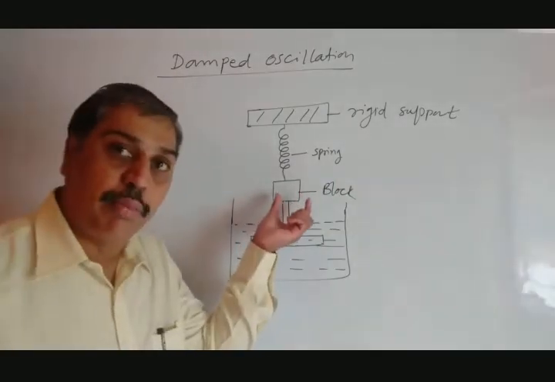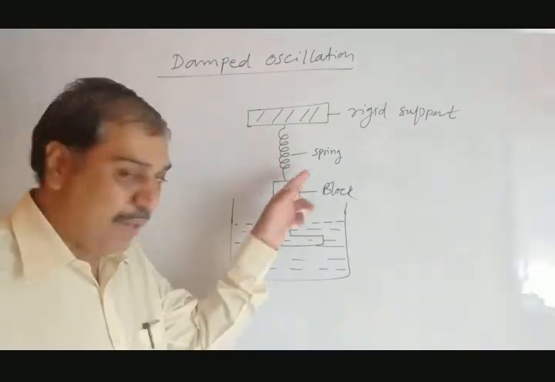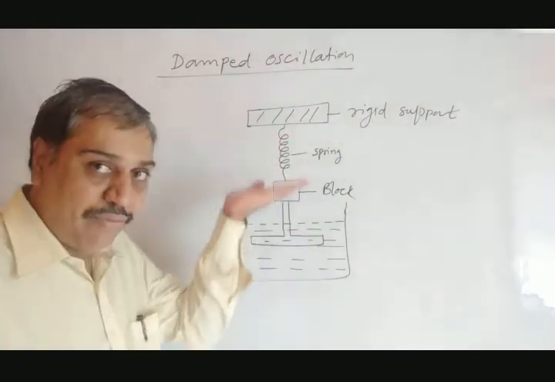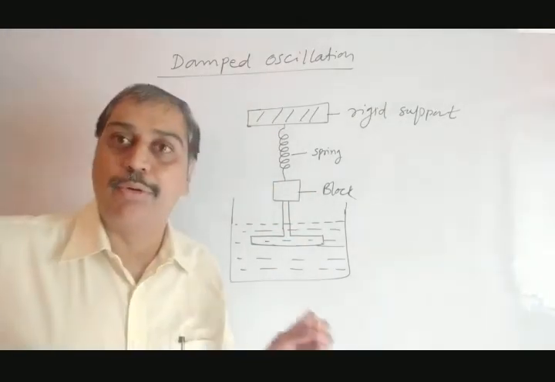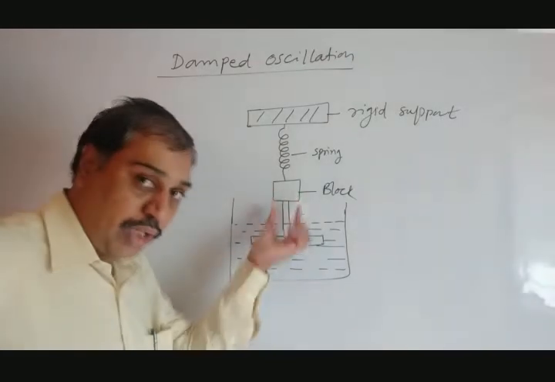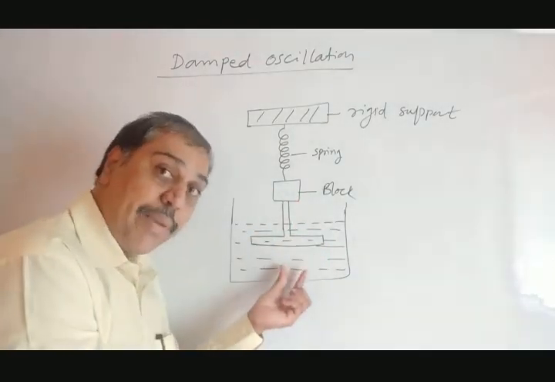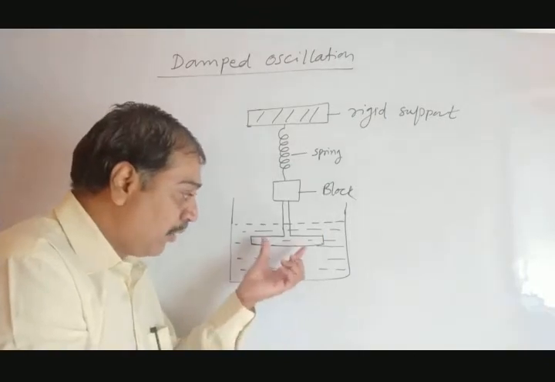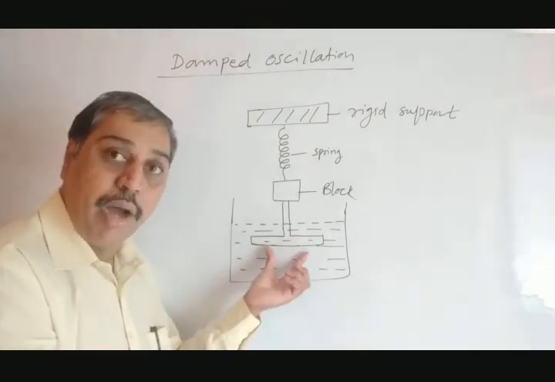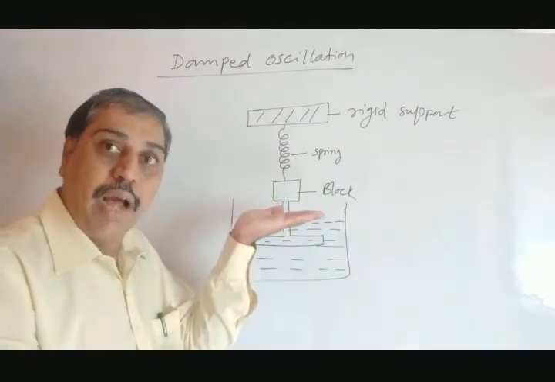Suppose I hold the block, move it downward and leave it. What will occur? As it is a spring, it starts performing to and fro motion, but the motion stops quickly. Why is it so? Because I have moved it downward, the vane goes deep in the water, and when we leave it, the vane has to do work against the water. It has to come up and apply an opposite force.